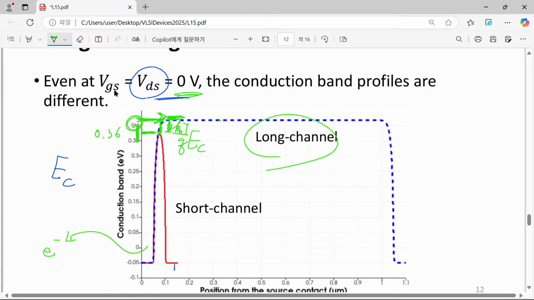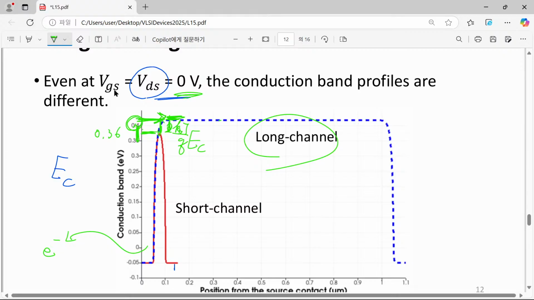So what you can expect is several times higher current conduction than the long channel one. You can easily understand that this is one effect we can expect.